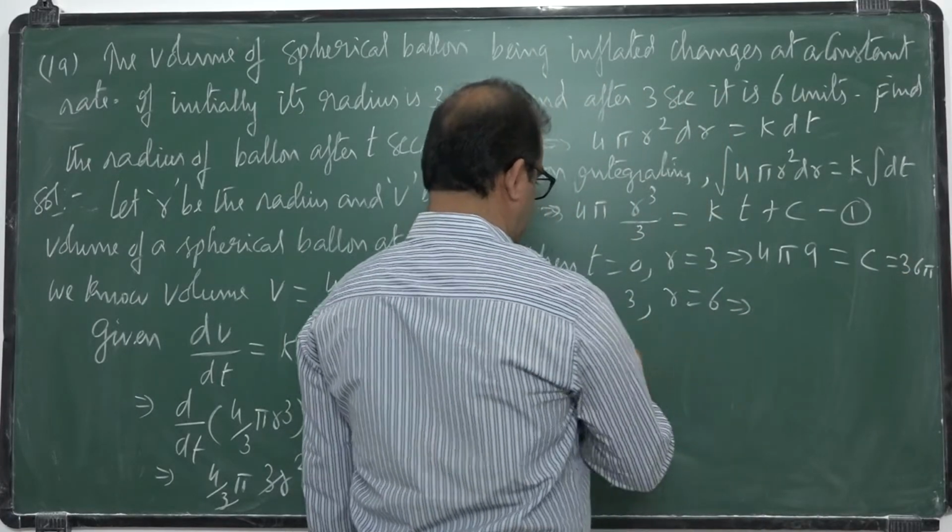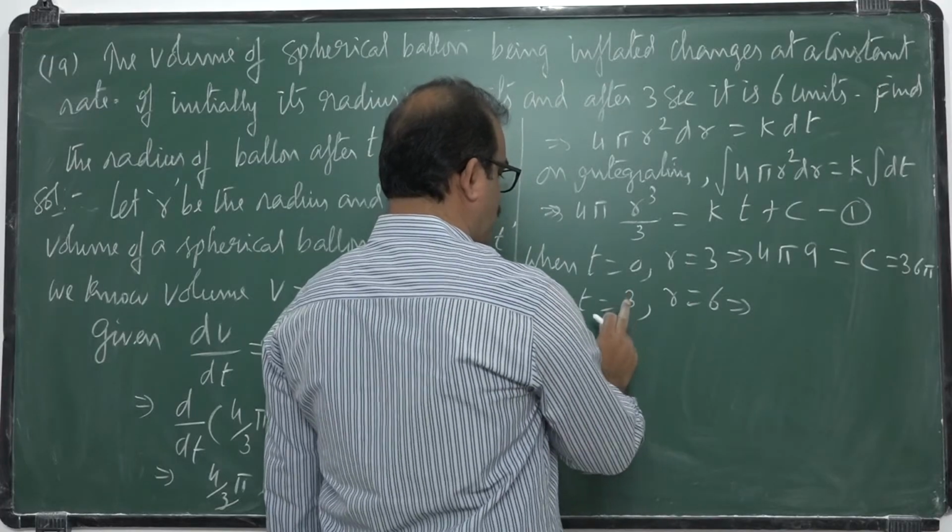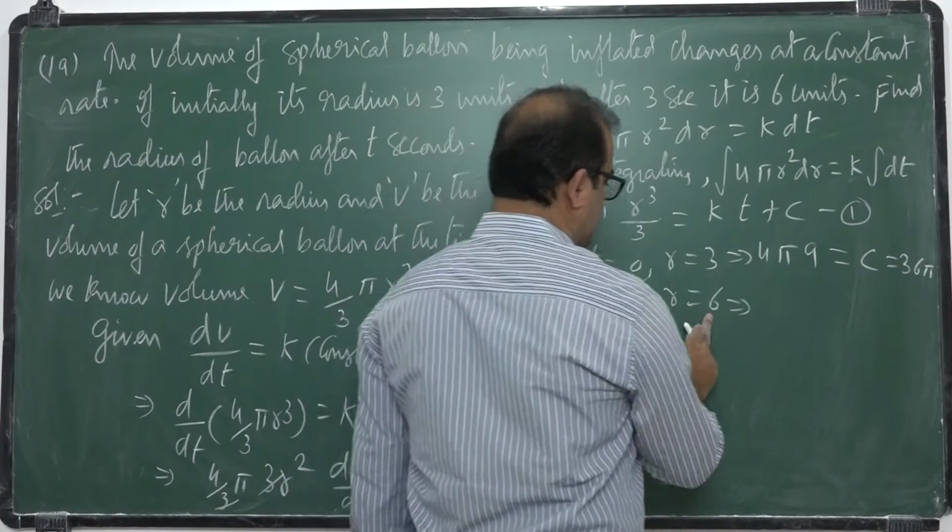Now from the second condition, when t is equal to 3, r is equal to 6.